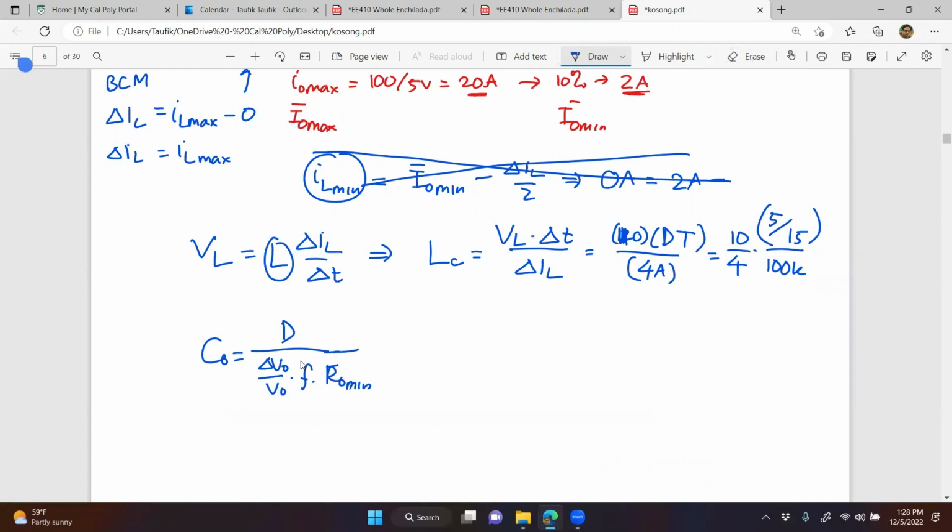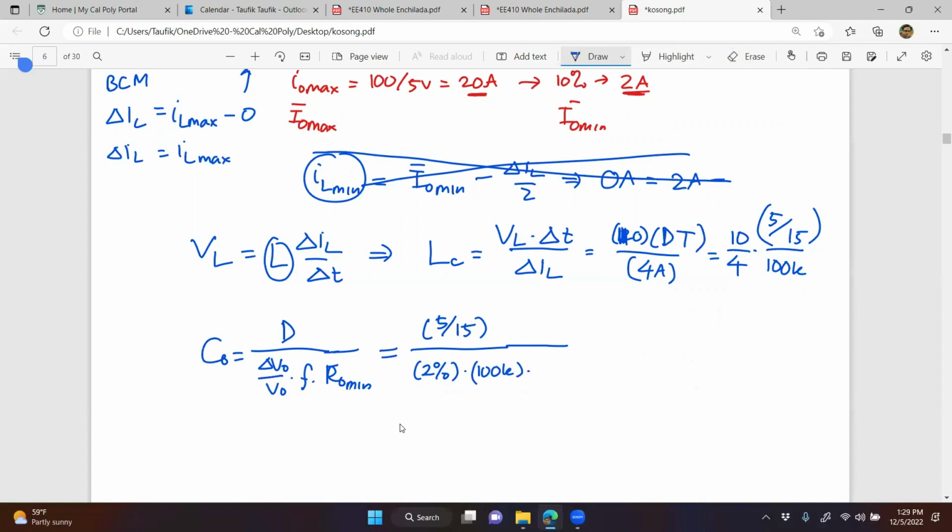Make sure you have this equation ready, otherwise you're going to have to derive this. Okay, so duty cycle we already know, right? Duty cycle is 5 over 15. So this is equal to duty cycle, which is 5 over 15. Delta V out over V out, that's 2%, isn't it already? That's given in the problem statement. And then F is 100K.